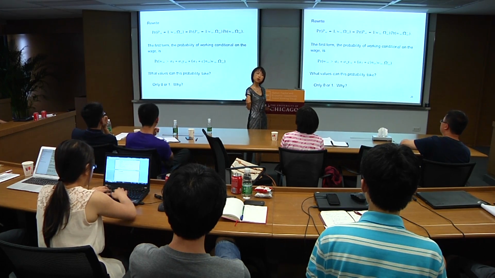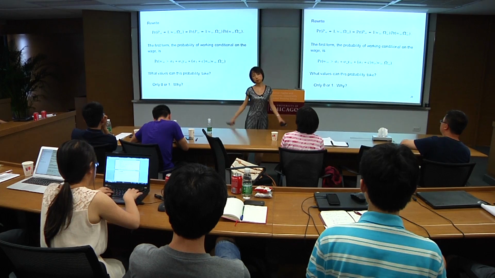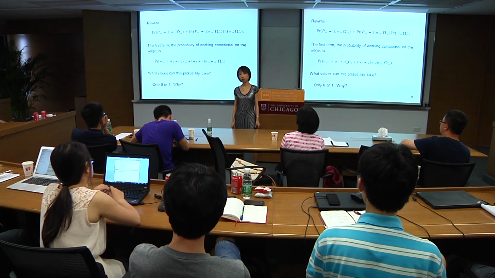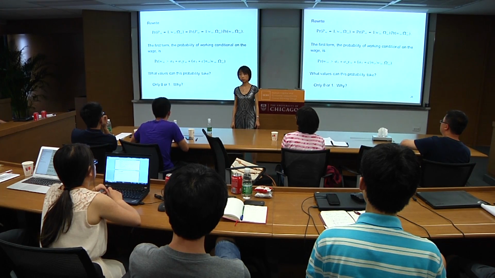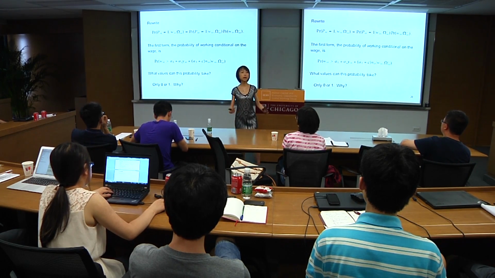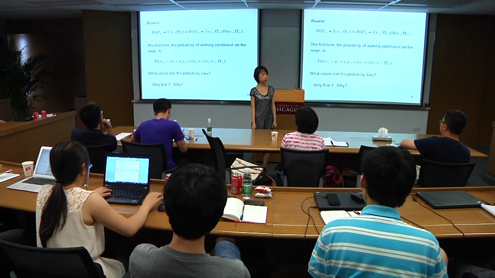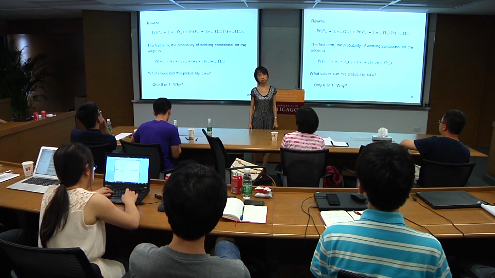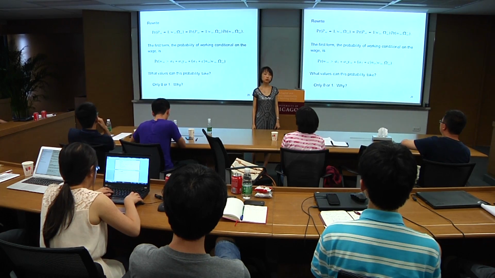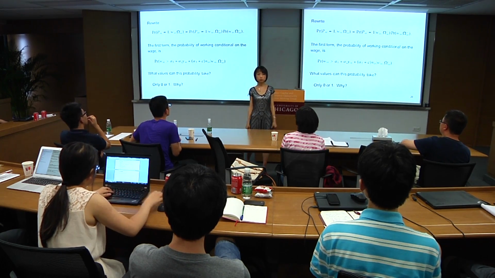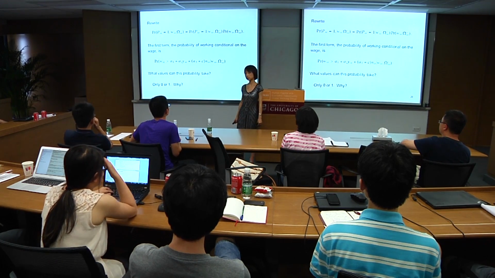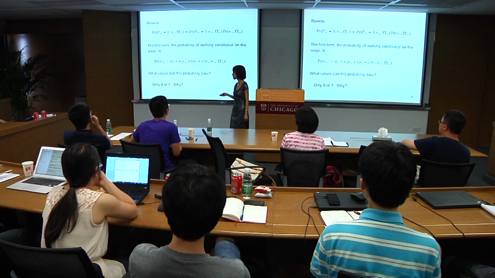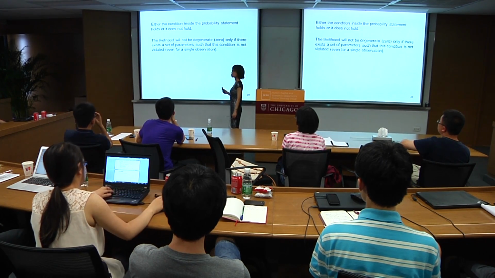As long as there is one 0, it's just 0. What does that mean? What is the likelihood? How likely it is to observe this data according to your model? 0. You know what? This theory is wrong. Reject it immediately. So that's what we mean by the likelihood is degenerate.